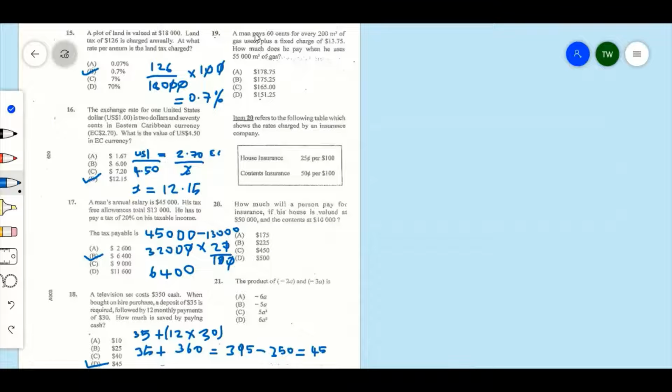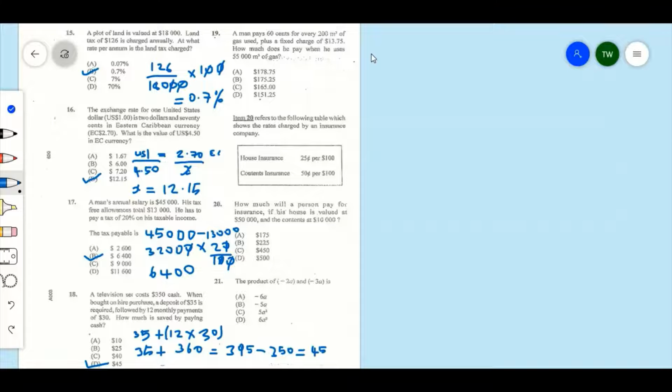Now to question 19. A man pays 60 cents for every 200 cubic meters of gas used, plus a fixed charge of $13.75. How much does he pay when he uses 55,000 cubic meters of gas?